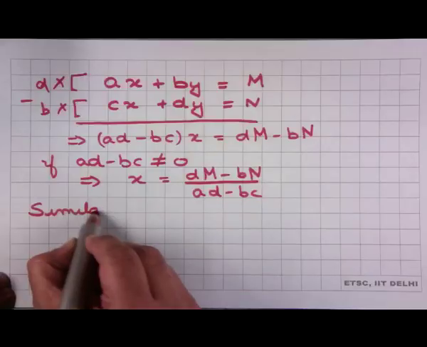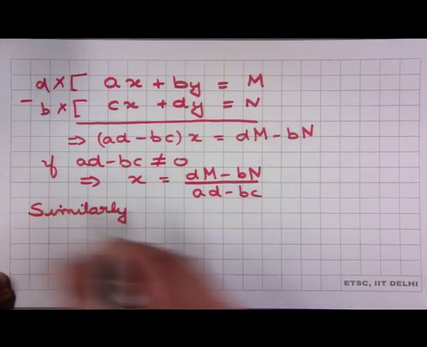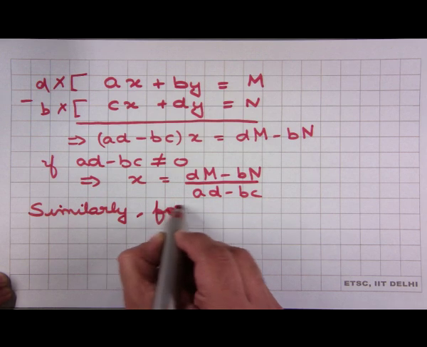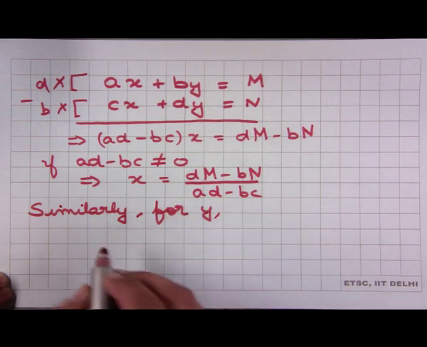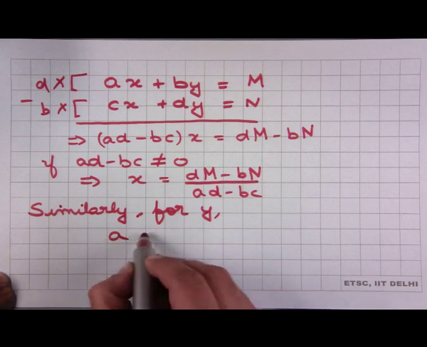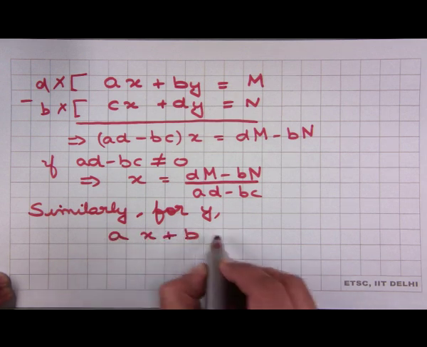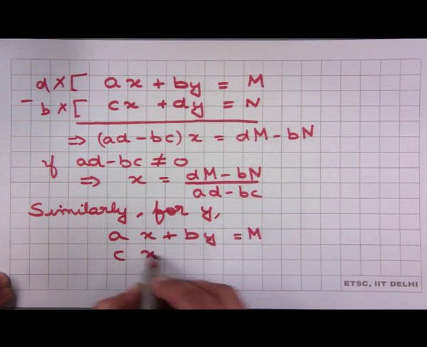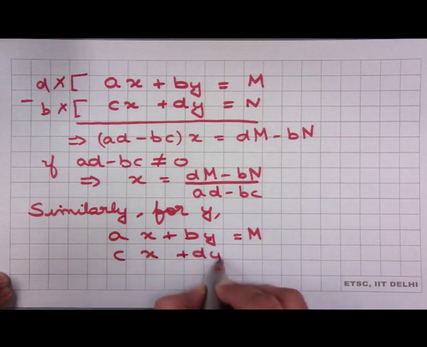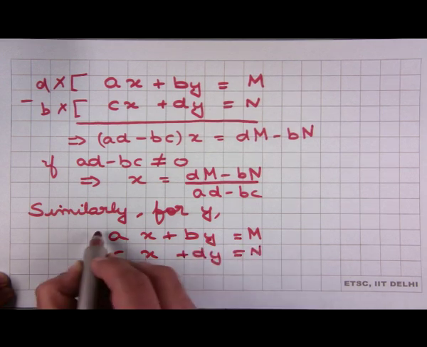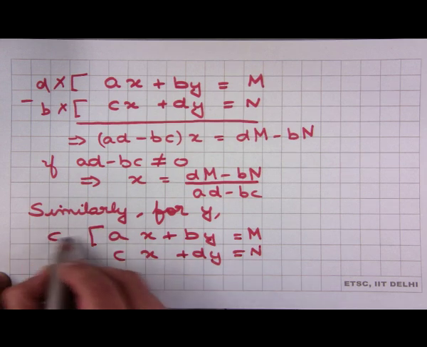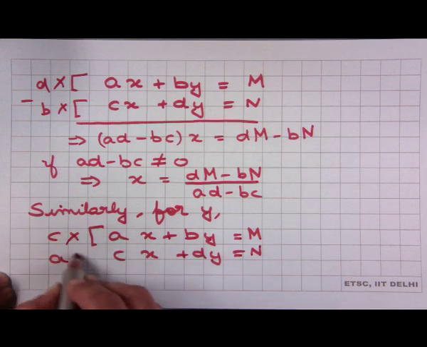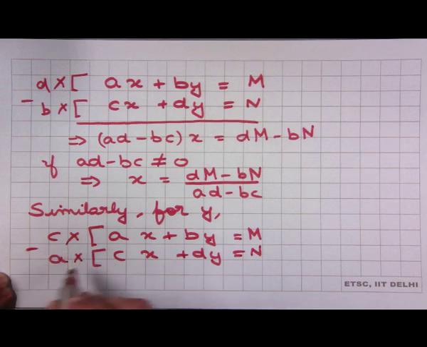Similarly, we can come up with a solution for y. In that, we write down the equations again. Multiply the top one by C, bottom one by A, and subtract.